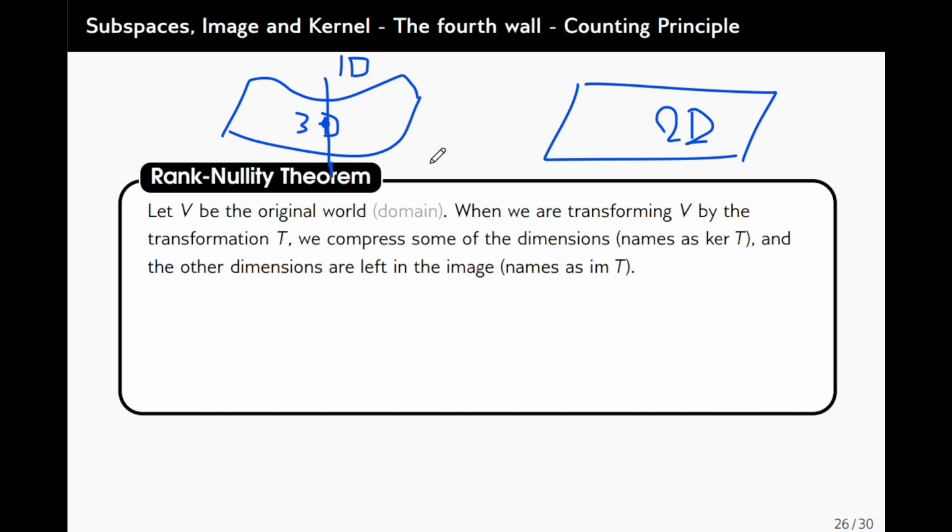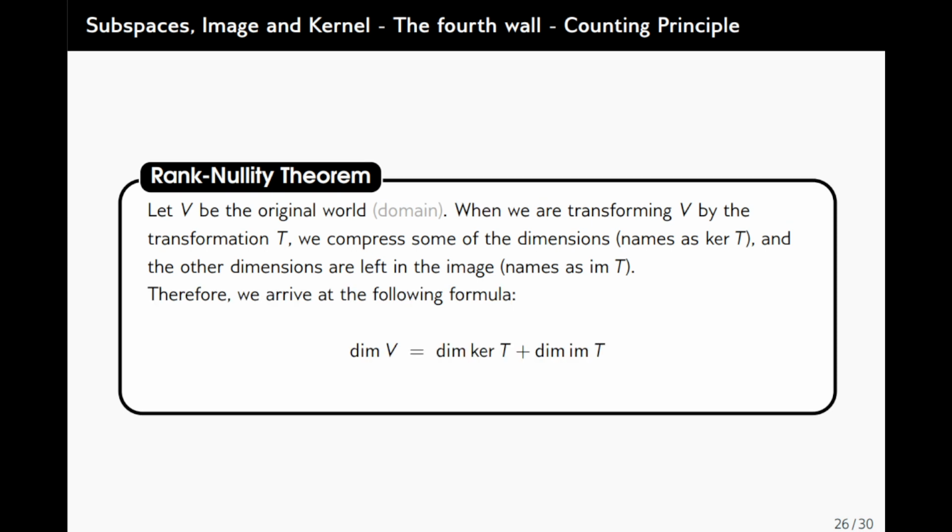If you have a three-dimensional space, but you want to map it to a line, then what should you sacrifice? In fact, you need to sacrifice two dimensions, because you need to have only one dimension here. So the rank-nullity theorem is exactly this: the dimension of the original space is the same as the kernel plus the image.